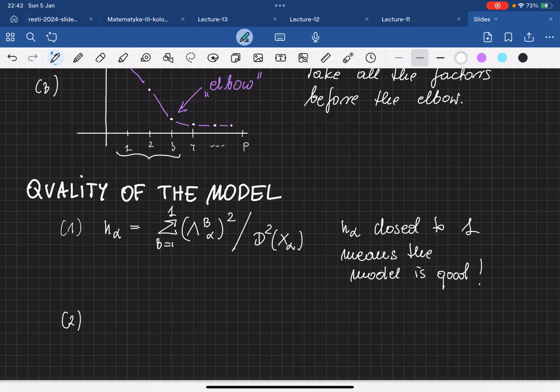The second way to assess the quality of the model is to check the fraction of total variance explained by the model, which means that we take the sum of eigenvalues corresponding to chosen factors and again divide by the trace of our initial covariance matrix, and again we want this to be as close to 1 as possible.